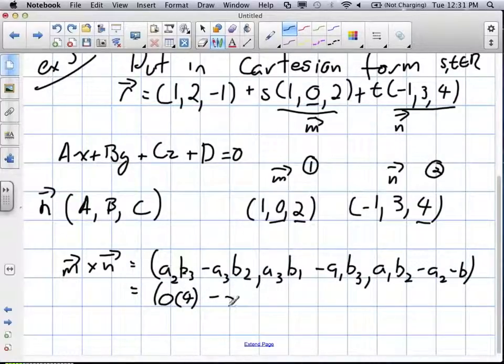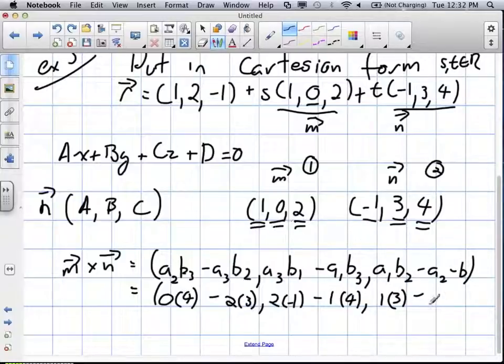Subtract A3, which is 2, times B2, which is 3. A3 is 2, B1 is negative 1, A1 is 1, B3 is 4, B2 is 3, and A2 is 0. Sorry, B1 is negative 1.